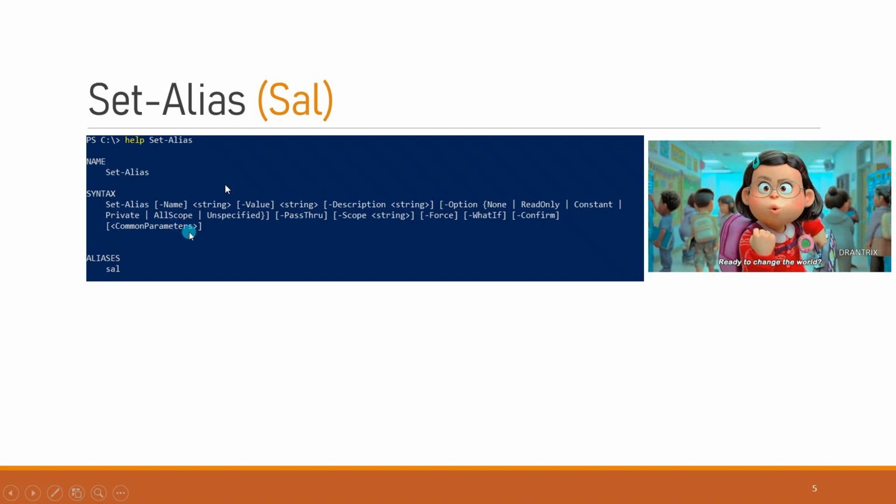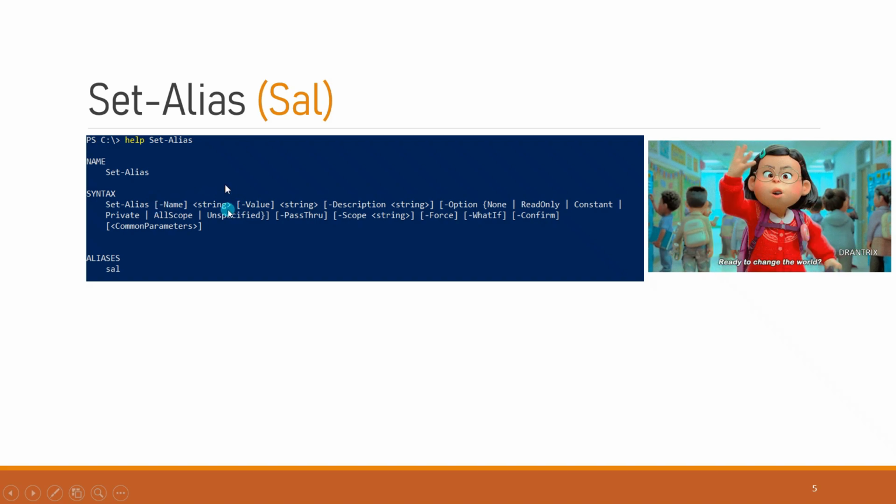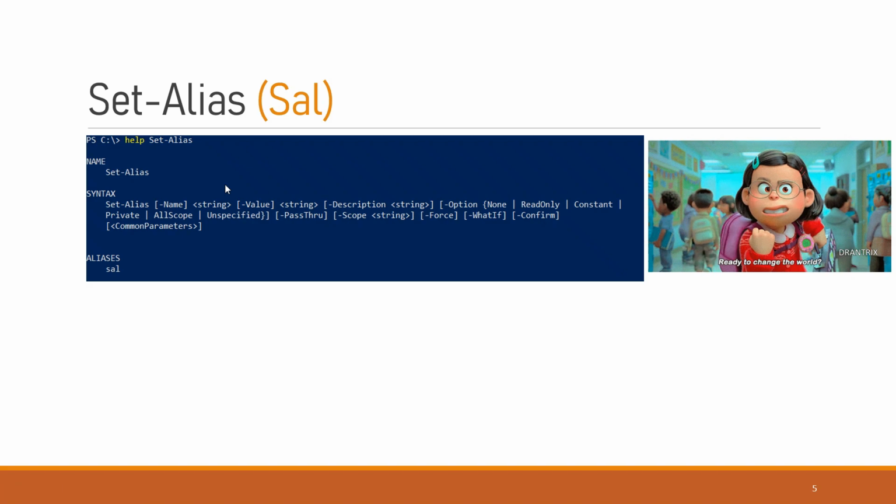If you take a look, the name parameter is covered with square brackets, so it's positional, and the value is also covered with square brackets, so that's also positional, so we don't need to write the parameter name. However, the name and value parameters are not completely covered with square brackets, so that means these are mandatory ones.